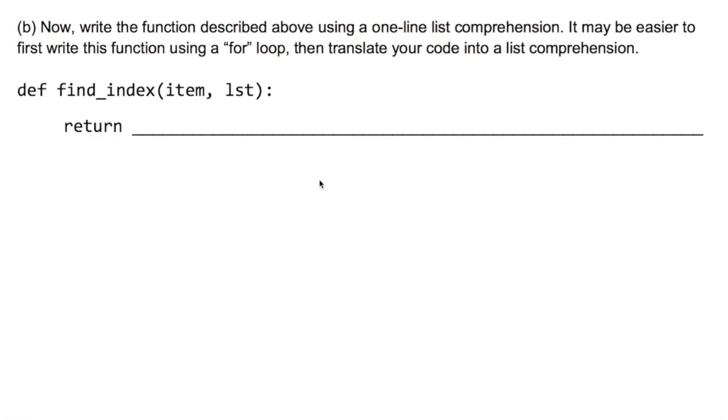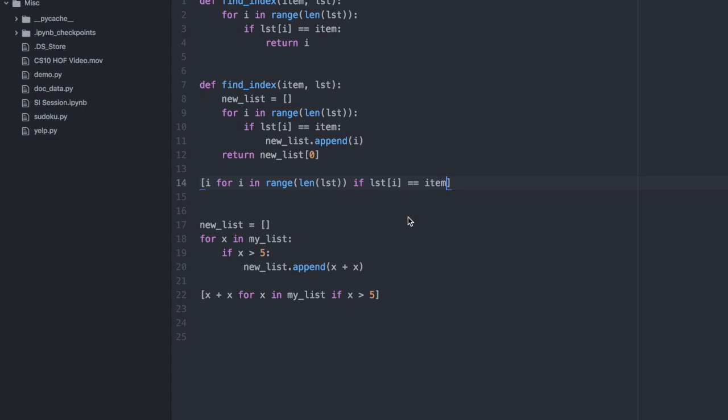It's not asking us to return a list of the number we're looking for. It asks us to just return that number. So just like we did in line 12, where we knew that new list only had one value, so we returned the 0th item, similarly, in line 14, we can say return the 0th item of this list comprehension. Because we know that this list comprehension will return exactly one item, because item appears in the list exactly once.